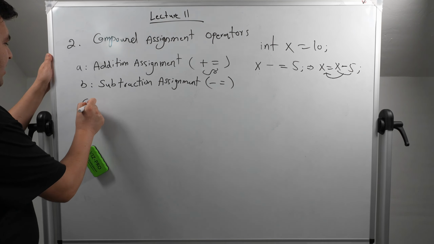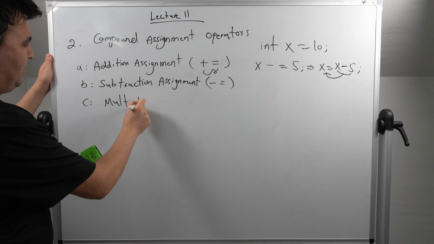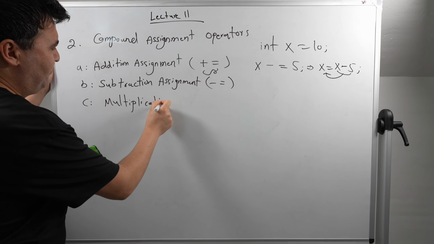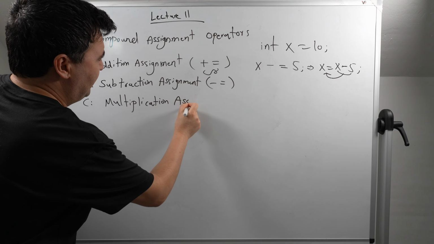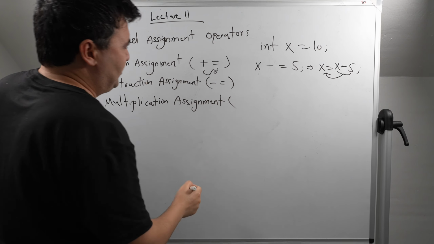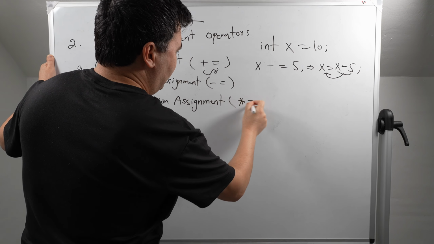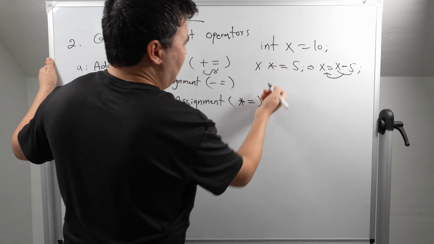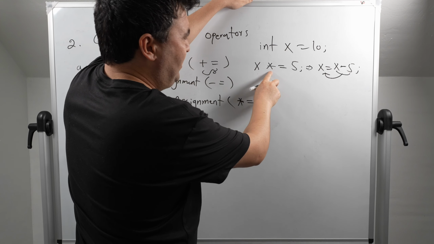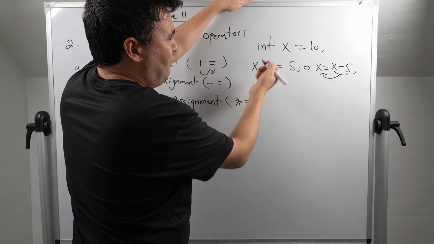Then we have multiplication assignment. If in this case I change the minus to multiplication, it means multiply the value of variable x by 5 and then assign the result to the variable x.